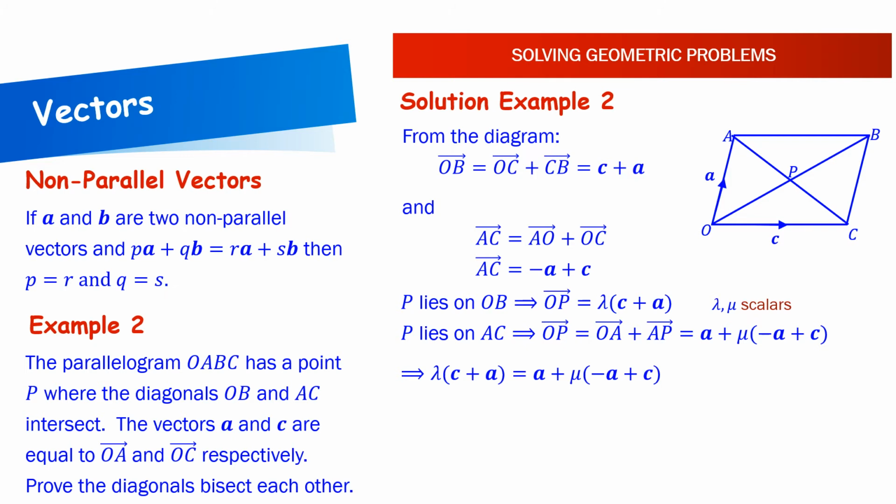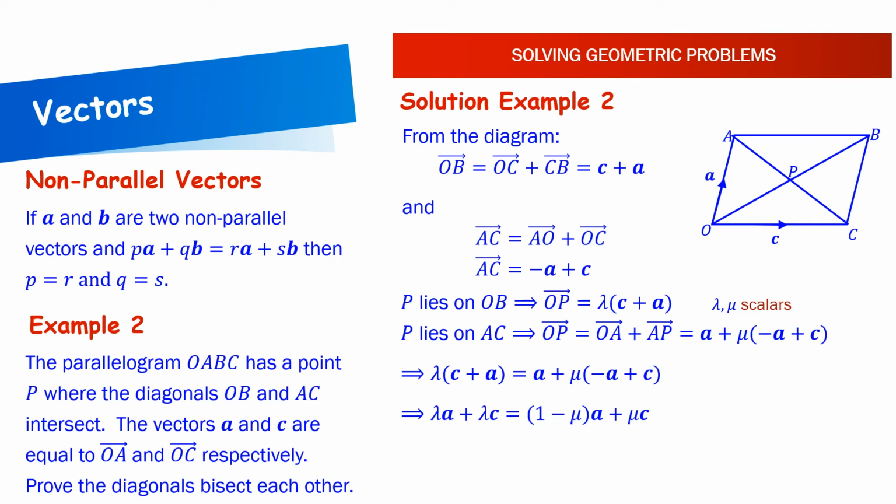And of course, this implies that lambda times c plus a is equal to a plus mu times minus a plus c, because both of these expressions are equal to OP.